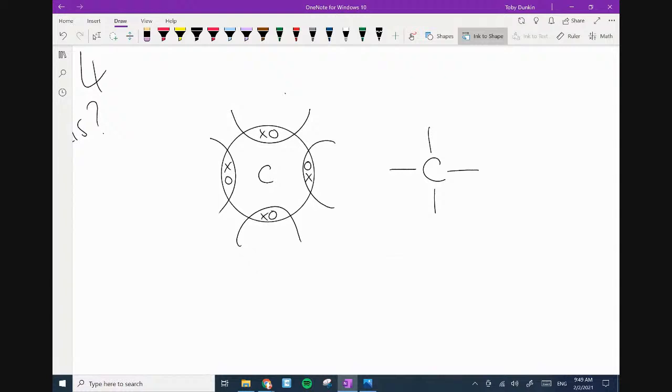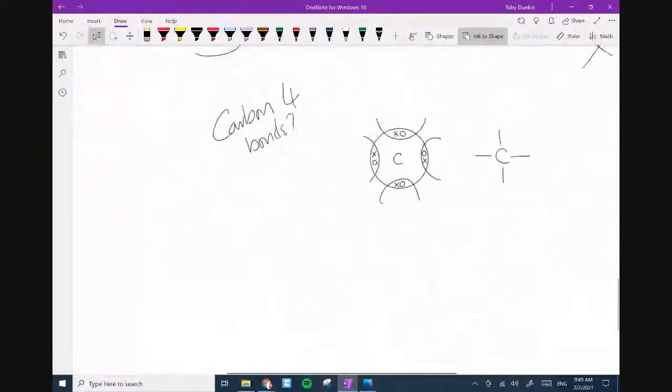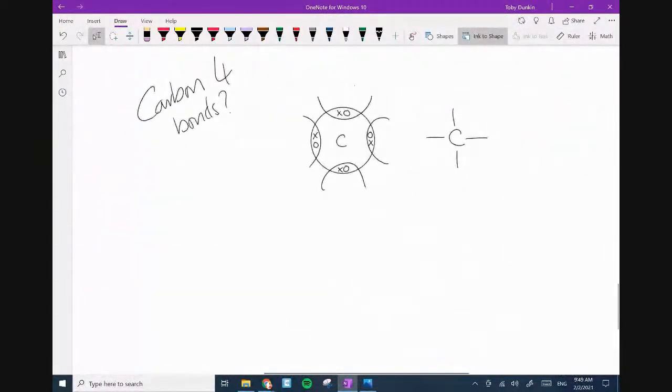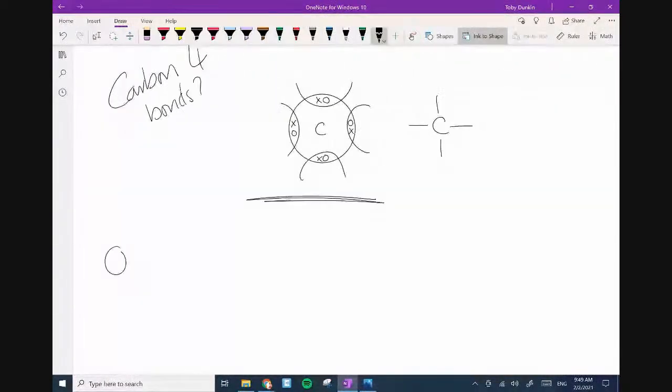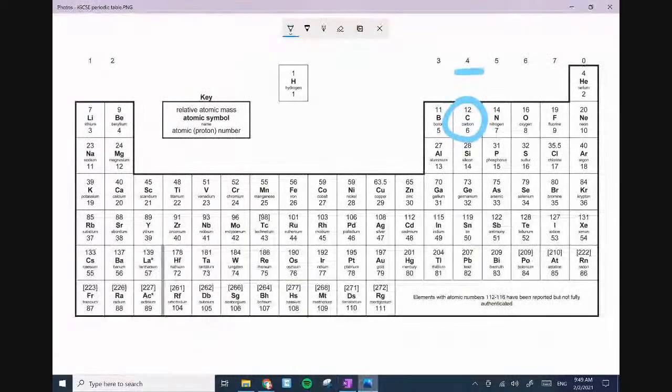Let's look at the next guy. I then did oxygen. So why does oxygen make 2 bonds? Let's have a look at why. The reason is that oxygen in the periodic table has 6 electrons in its outer shell. That's the function of the groups.